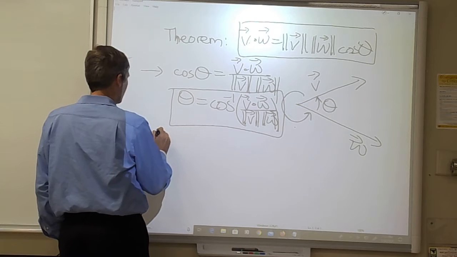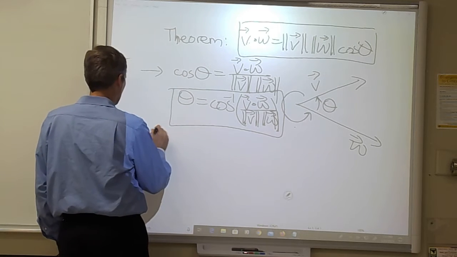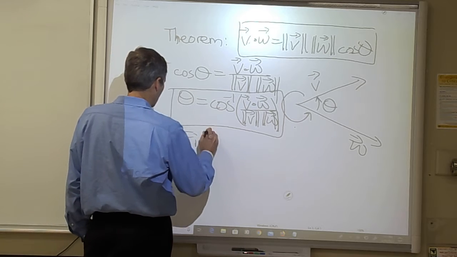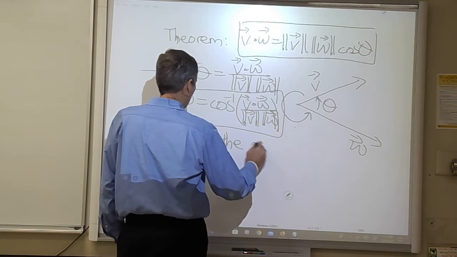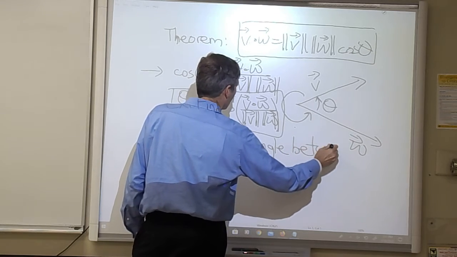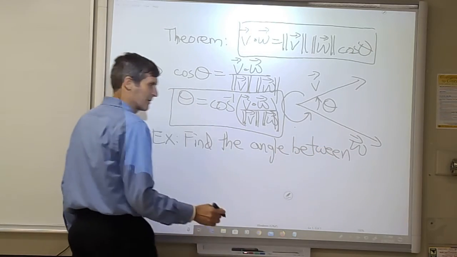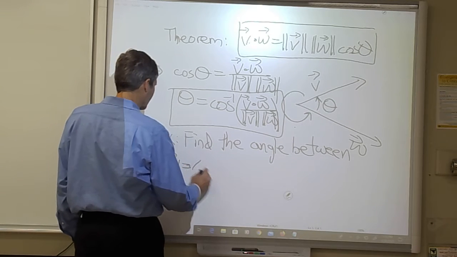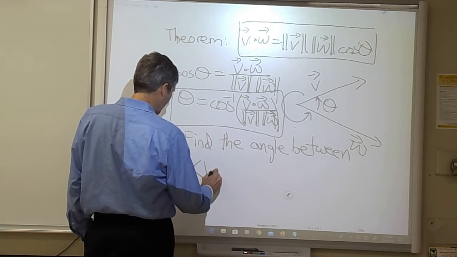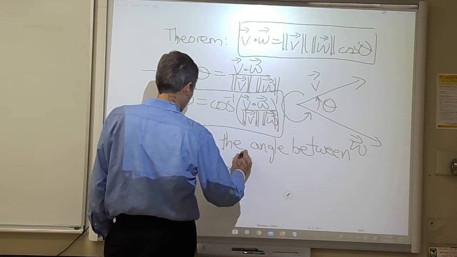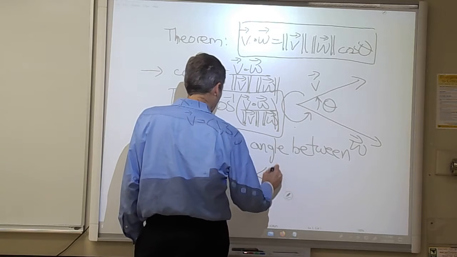Suppose I said, find the angle between, this is my favorite example for angle between, V equals <1, 3>, and W equals <-1, 2>.